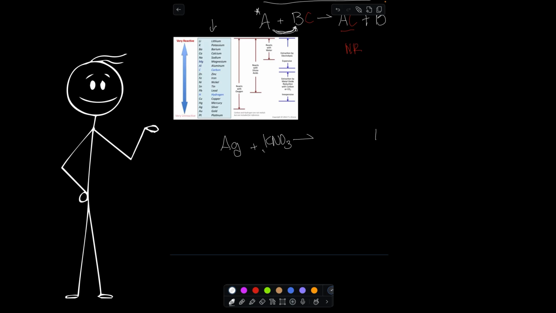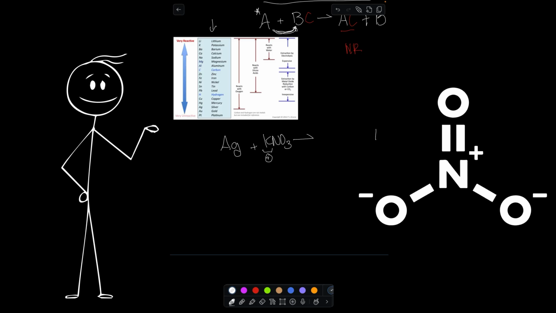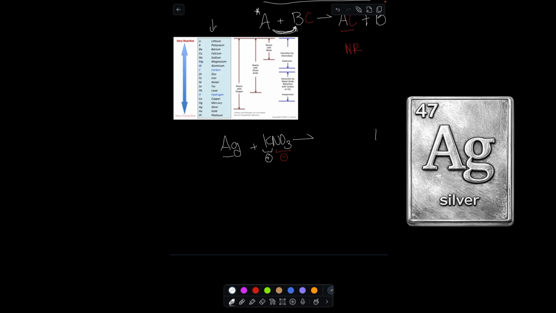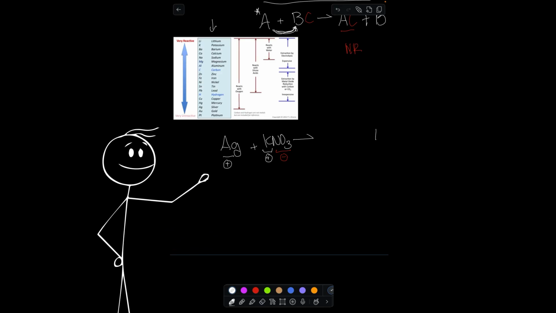So we can see right here that potassium is the metal ion, and the anion is going to be a nitrate. Since Ag is also a metal, it would want to replace K. Ag will want to replace K.